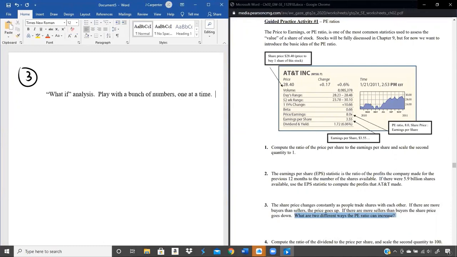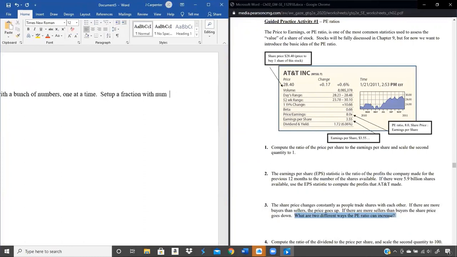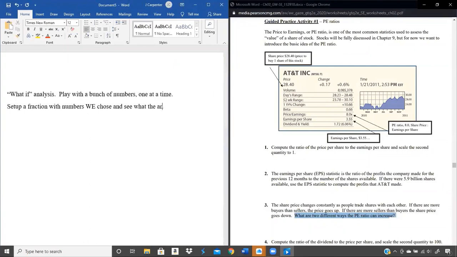For this particular problem, we are going to set up a fraction with numbers we choose. See what the answer is. Then, so this will be our baseline.